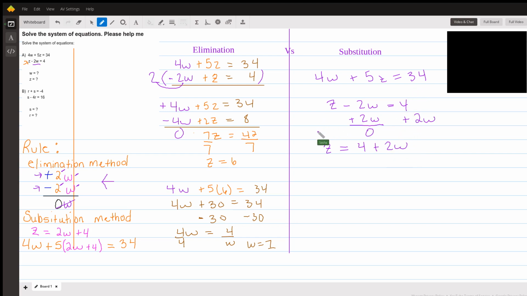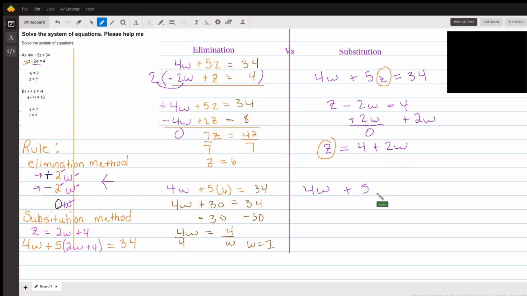So now that I have isolated, I can actually go and plug it into my top equation. I'm going to take this Z and I'm going to plug it in here. That's a Z, okay? So I'm going to write my 4 times W, okay? And then I'm going to write my plus 5.